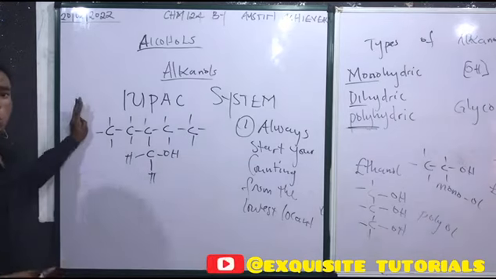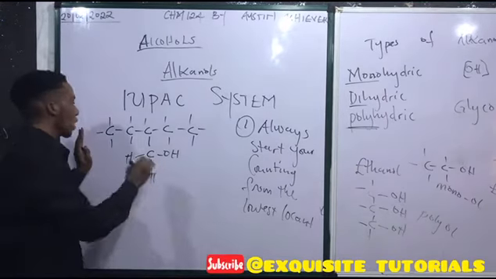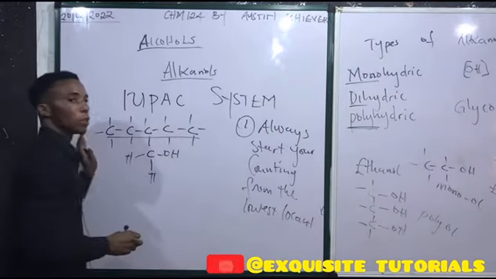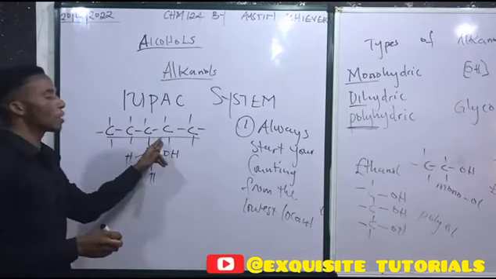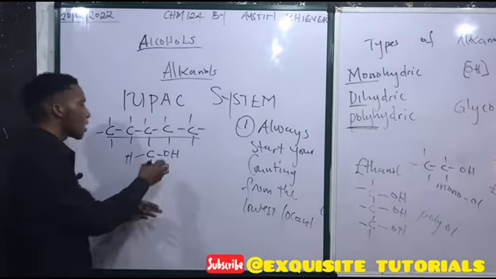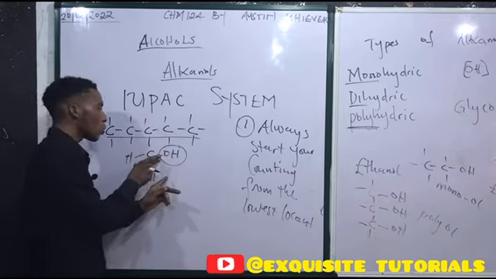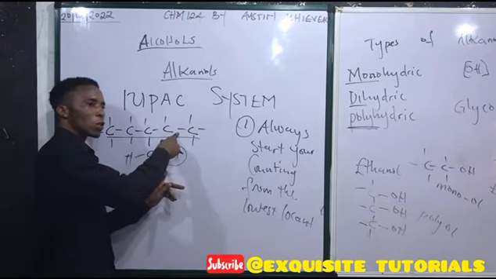How do we name this compound? We all know that this is the longest continuous chain. But there is a functional group present in this compound, and it is not located in the longest continuous chain.